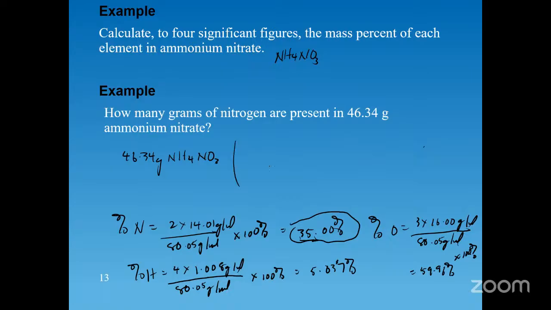So the way I would express that percentage is that I would put 35.00 grams of nitrogen above, and below I'm going to put 100 grams of ammonium nitrate. And that's it. So 46.34.